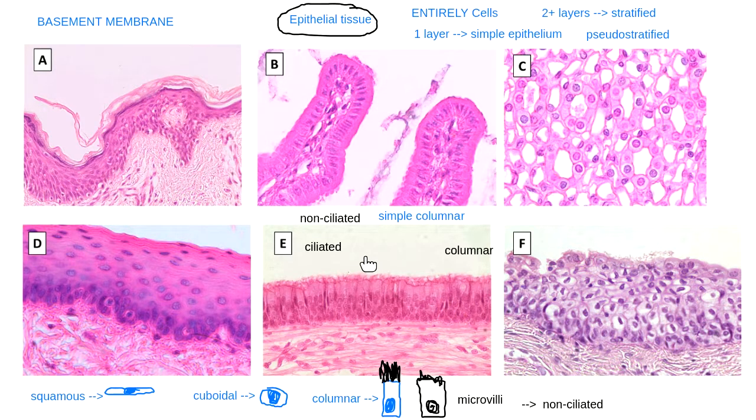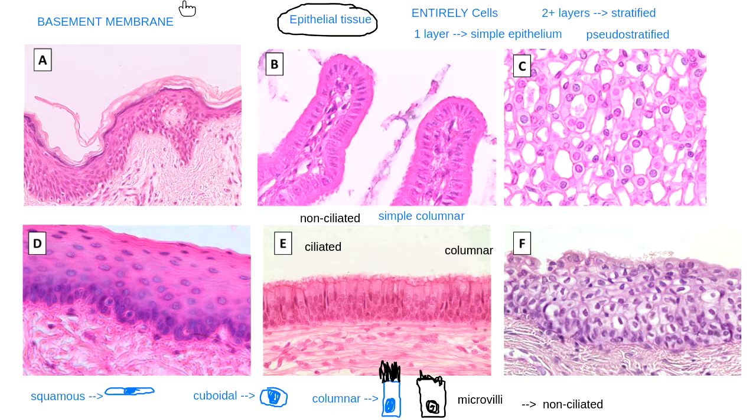I got 5 votes, and we are pretty much 50-50 split between stratified and pseudostratified. So let's talk about how we tell the difference between stratified and pseudostratified. When we talk about something that is stratified, we can see distinct lines of cells. We can see one layer of cells ends and the next layer of cells begins.